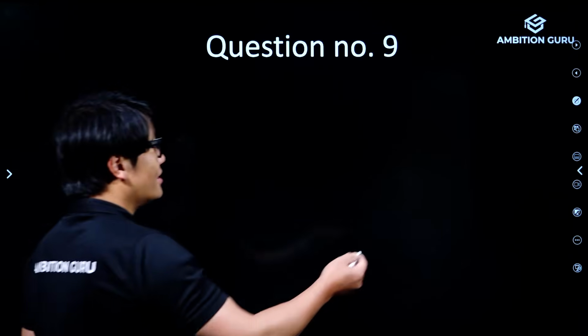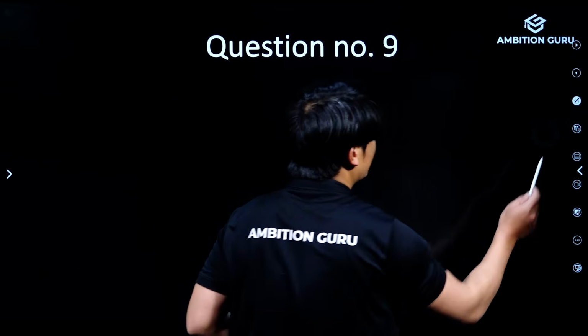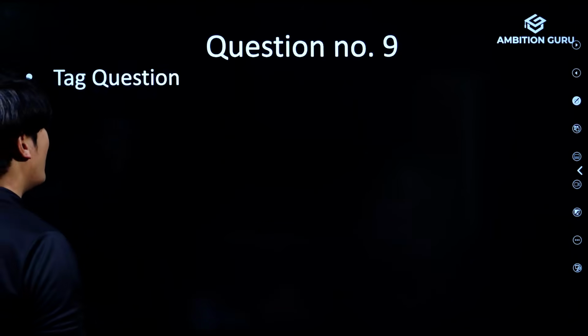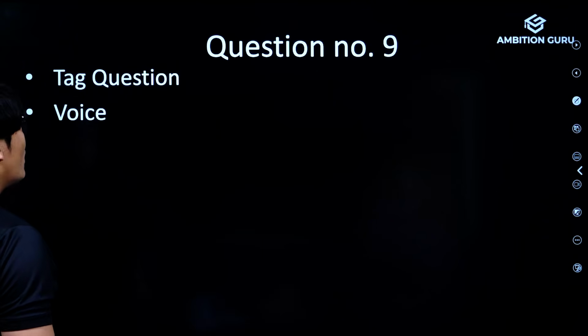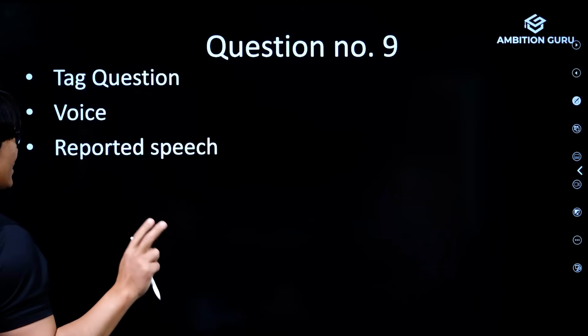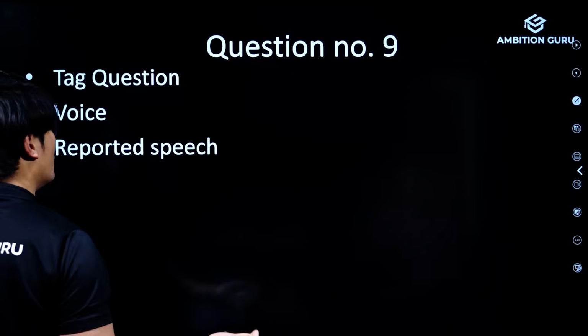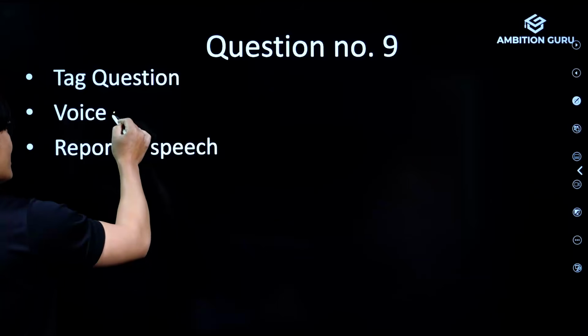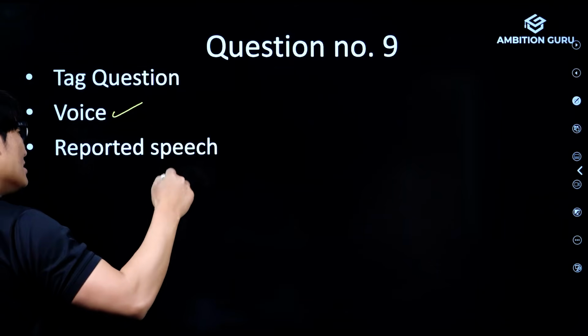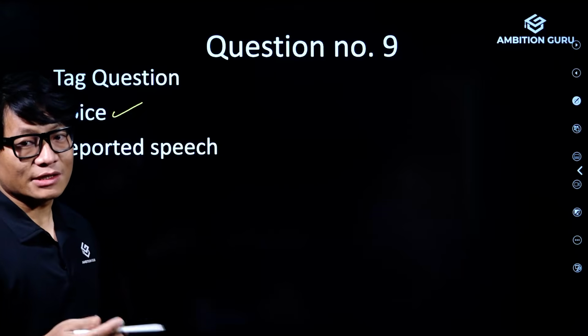So let's start. Now we are going to start it. Obviously you can see question number 9. And yes, we have the tag question, one question, voice, one, and reported speech, one. So we don't know. It can be asked active to change into passive or passive to change into active.